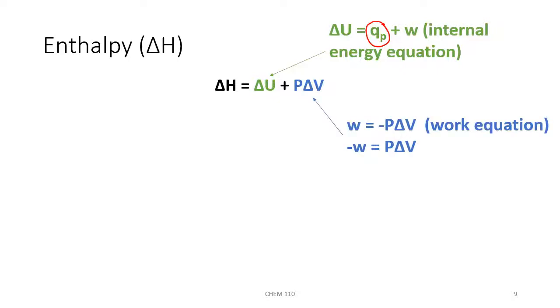Work is equal to negative P times delta V. Therefore, if we multiply the equation through by -1, we could say that negative work is equal to pressure times the change in volume.